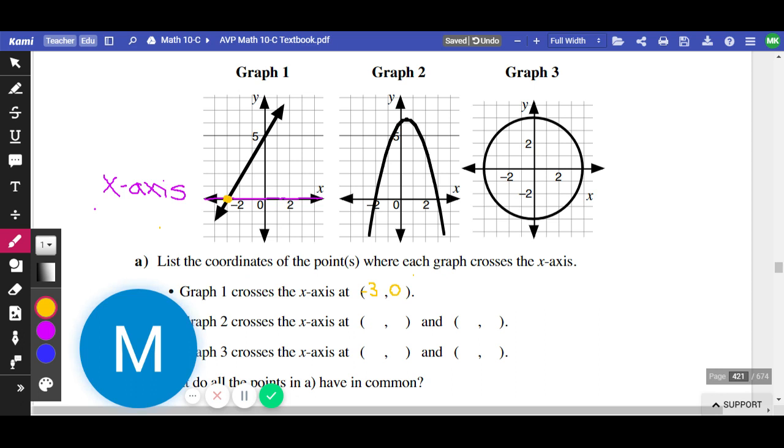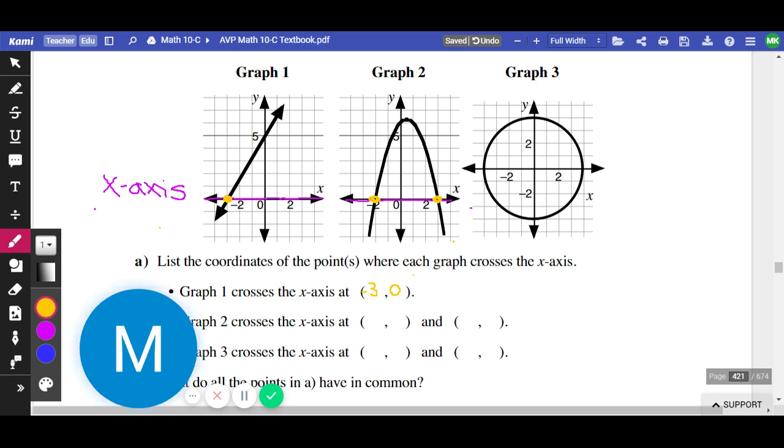Some graphs have more than one x-intercept. So if you look at the second graph and we're looking for the x-intercept, you're looking for where your graph crosses this purple line. And you'll notice your graph crosses in two places. It crosses once right here and once right there. So this one actually has two x-intercepts.